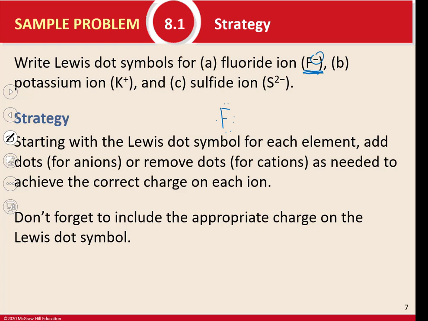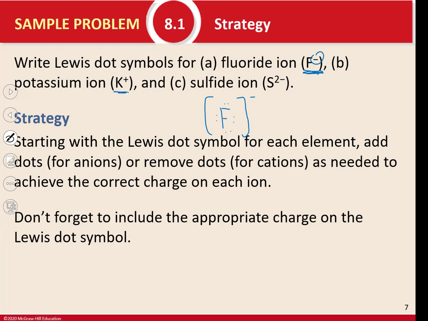Adding one. So we're just going to add one more. There's only one spot available, so it's going to go right there. Then we're going to put this in brackets and put a charge on the outside to show it's charged. The reason why with negative ions we put brackets is to show that the charge is on the overall atom, not just on one of those little dots. So there's the Lewis dot structure for the fluoride ion.